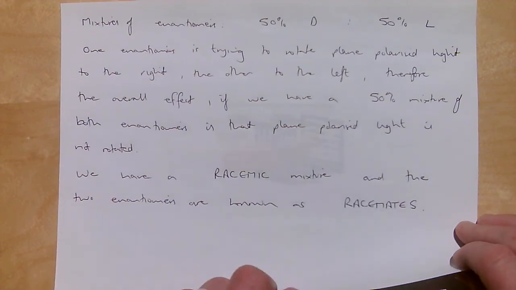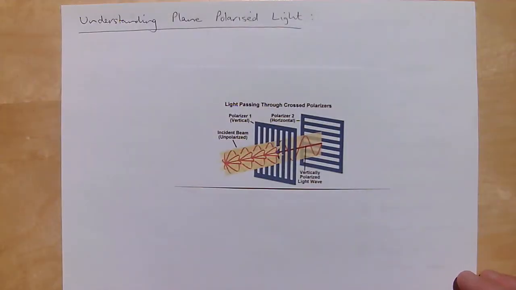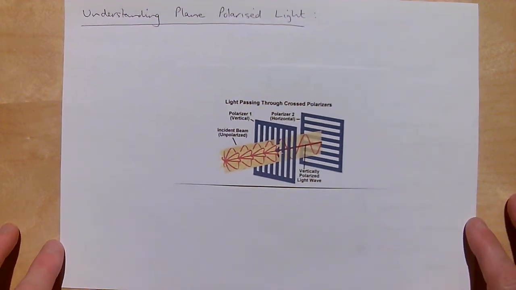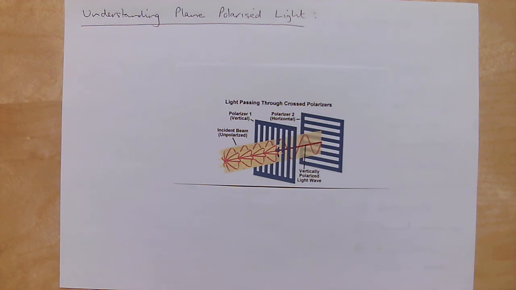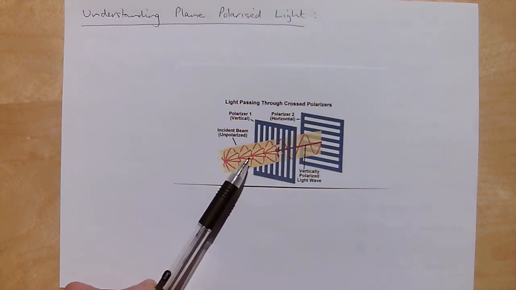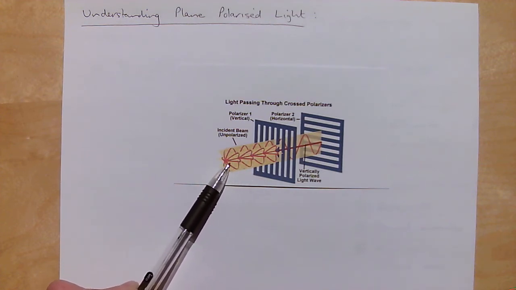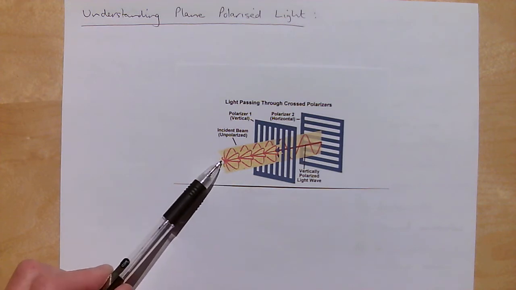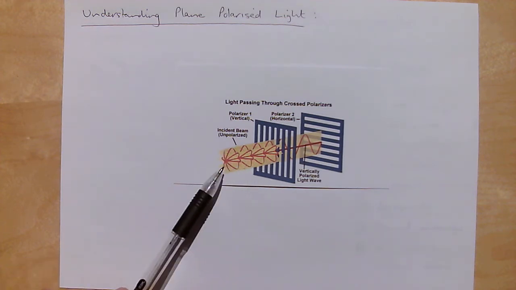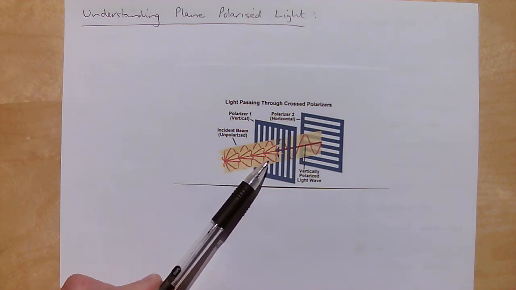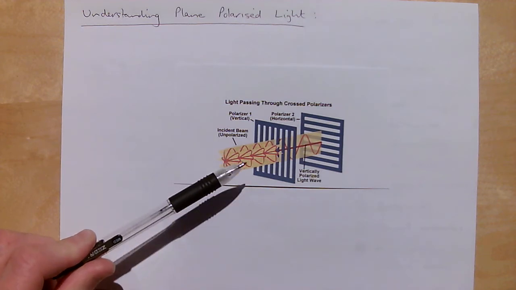However, let's have a little look at plane polarized light to make sure we fully understand what it is. We all know that light is a transverse wave. So here's my light: lots of transverse waves, all going in different planes. That one's going up and down, that one's coming out to the side and then back through, that's coming out this side and back through, this one's going down towards the bottom. So we have lots of transverse waves in our light beam, all in lots of different planes.